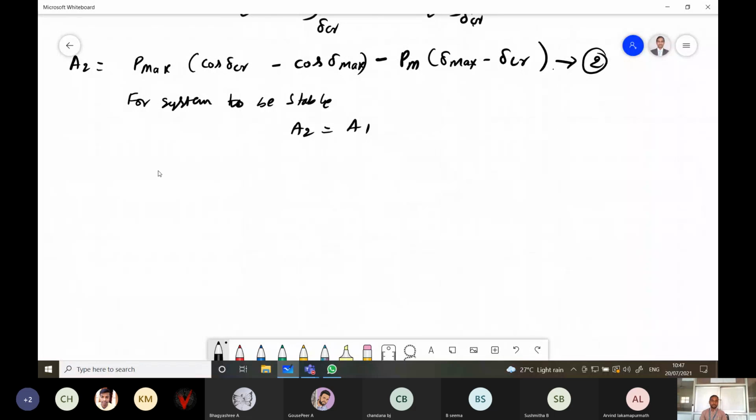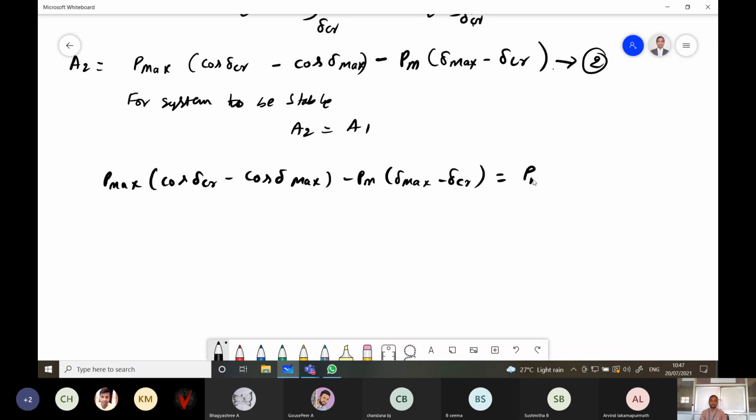A2 is equal to A1. So P max cos delta CR minus cos of delta max, minus Pm into delta max minus delta CR, is equal to equation number 1, that is Pm into delta CR minus delta naught.